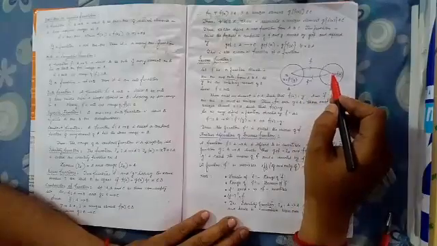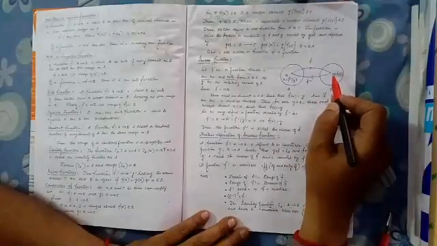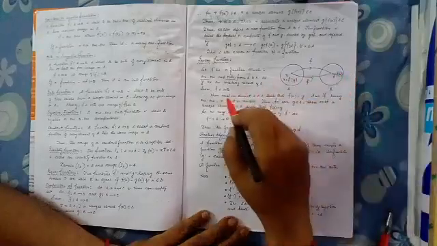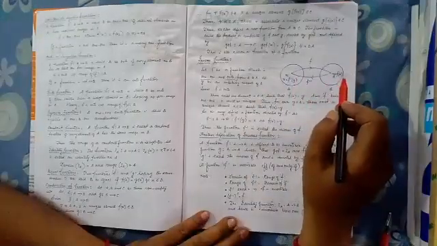Let Y be an arbitrary element of B. Since F is onto, what does it mean?